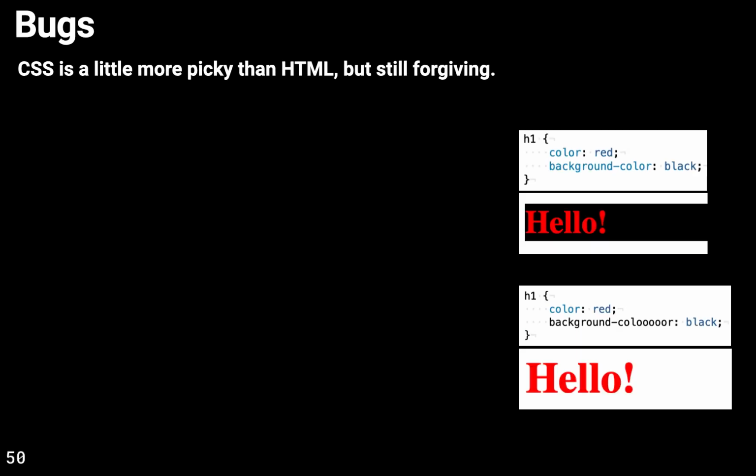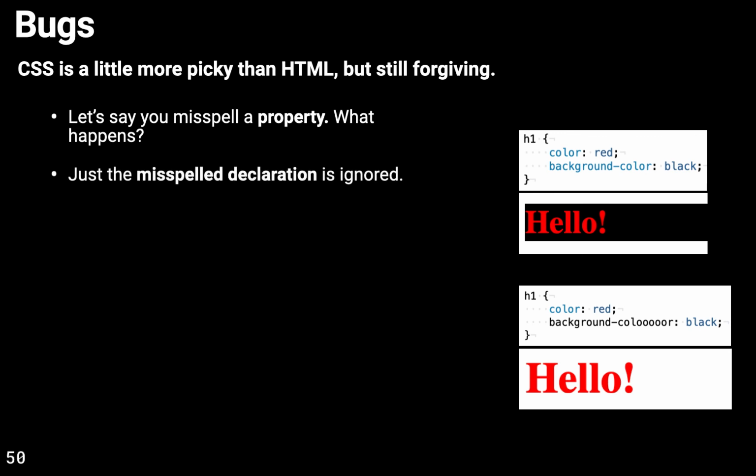As far as bugs go, CSS is a little more picky than HTML, but it's still pretty forgiving. So let's say you misspell a property. What happens? Let's say I misspell the background color property here. The only thing that is ignored is the specific declaration that you messed up, right?